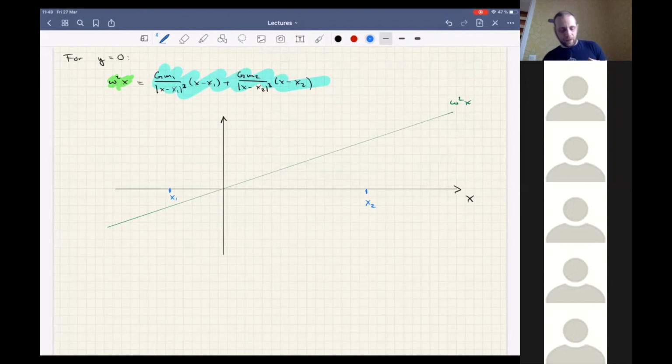If x is smaller than x1, then both terms here are going to be negative. As I approach x1 from the left, I'm going to go to minus infinity, something like that. If I let x go to minus infinity, I'm going to go to 0. If I'm between x1 and x2, then one of the terms is positive and the other negative, so I get something like this.